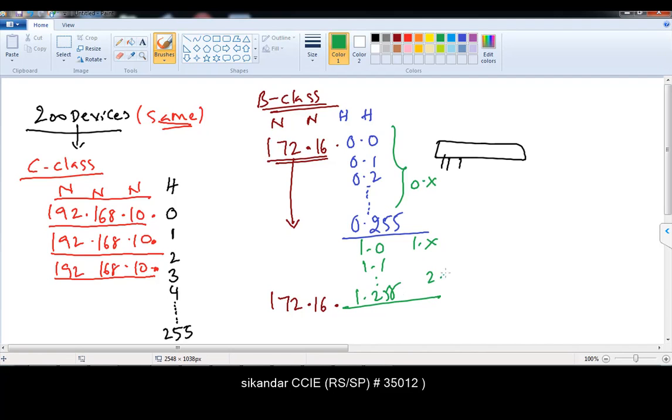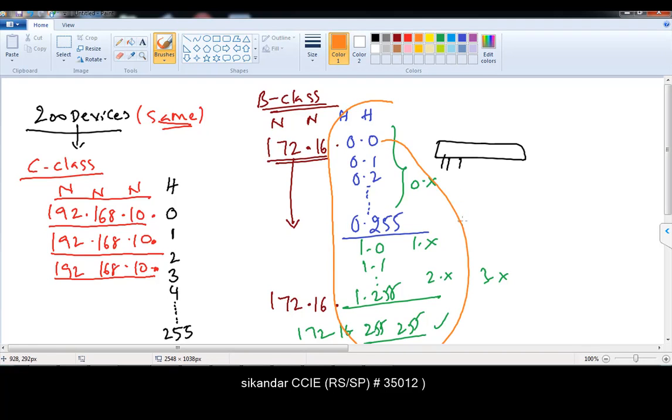Once I finish 1.x, I can start with 2.x, 3.x, 4.x, like that up to a maximum of 172.16.255.255. If you count the total number of addresses, it is 256 addresses added 256 times, so it goes to around 65,536 addresses.